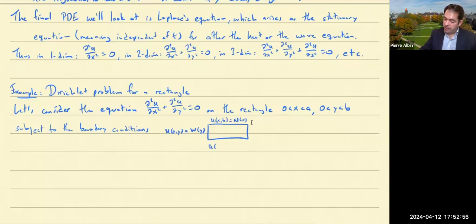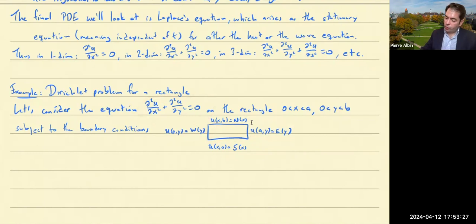At the bottom, you have u of x comma 0, and let's say that's s of x. And here on the right boundary, u of a comma y, you want that to be some function e of y. So this is the sort of thing we want to know. I tell you what the function should be on the boundary, and I tell you that it satisfies this equation on the interior. I want you to tell me what is the function in the interior.